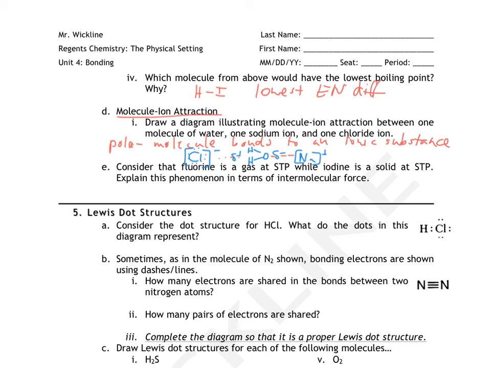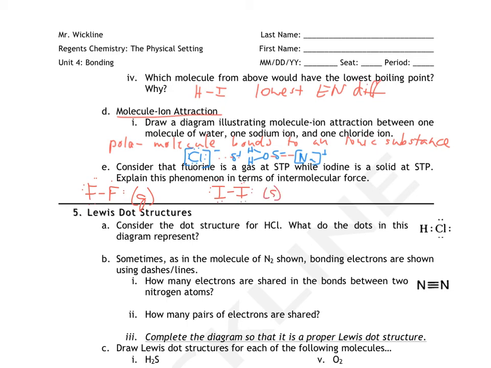And in my last point for intermolecular forces, please consider that fluorine, which is F2, a nonpolar molecule, is a gas at room temperature, while iodine, also a nonpolar molecule, is a solid at room temperature.